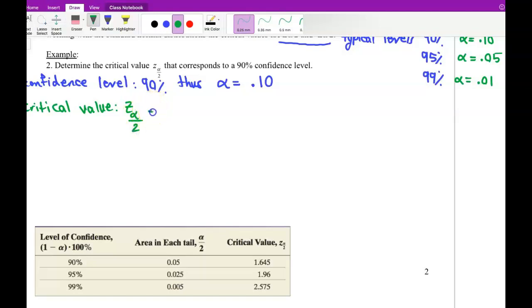So here alpha is 10%, and divided by 2, this is equal to z 5%. And what this one is, this is the right tail area.